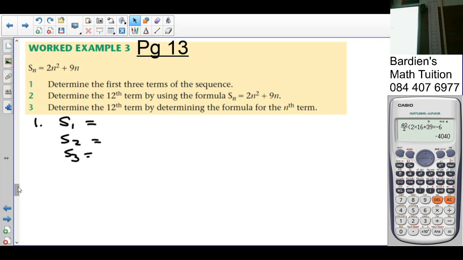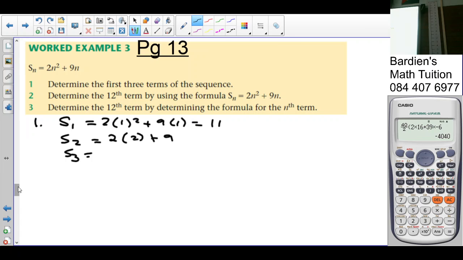How do we work out the sum of the first 3 terms? We just do the substitution. It's 2 times, wherever I see an n, I put a 1. 2 times 1 squared plus 9 times 1, which is 11. Then, term 2, so it will be 2 times 2 squared plus 9 times 2.